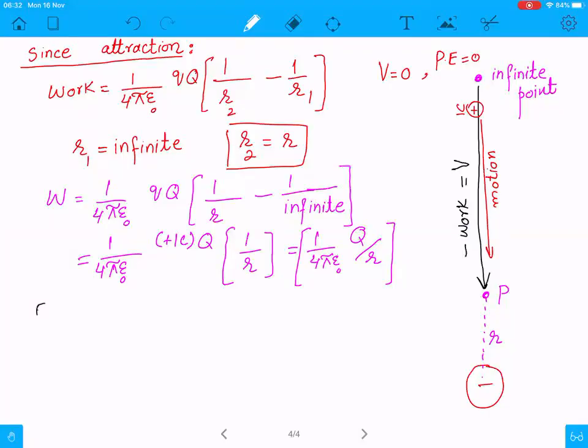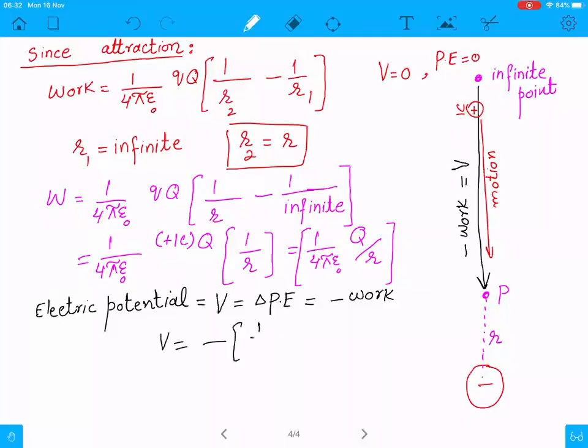So electric potential represented by V in this example will be equal to, obviously, change of potential energy, that is equal to negative of work. And the formula will become V is equal to negative of 1 over 4 pi epsilon naught capital Q over smaller r.